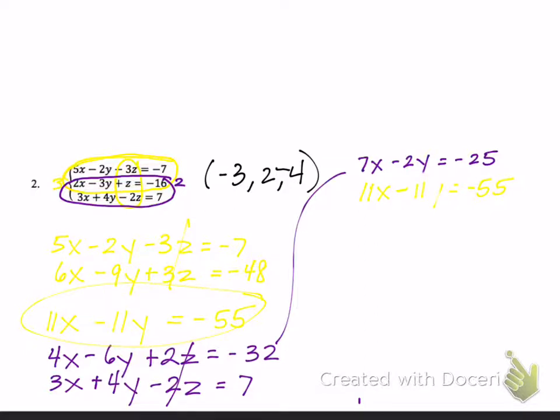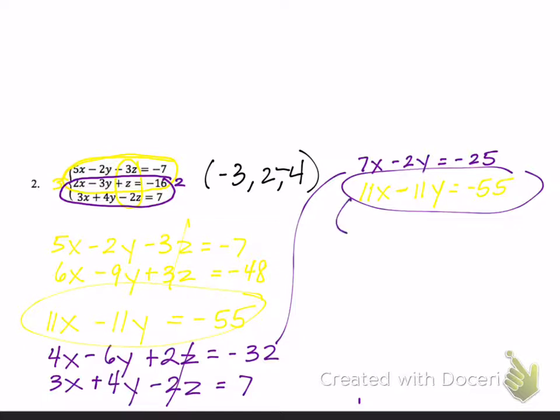Very strange. In this case, I think it's easier to do substitution to solve. And let me show you why. If I solve for x in this equation, I'm going to get a nice little number because everything divides by 11 evenly. But you can do elimination if you want, and you're going to end up getting the same thing. It would just mean that you have to multiply the top and the bottom to get it to cancel out.